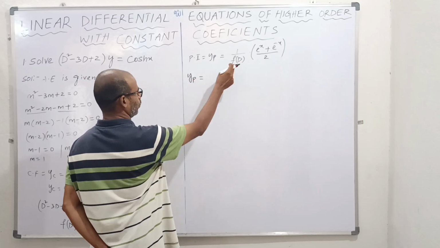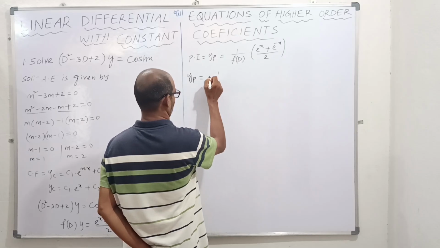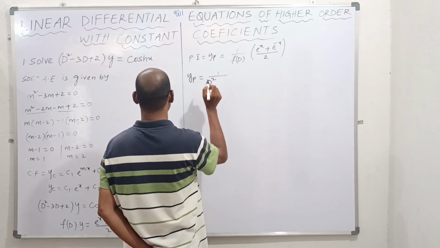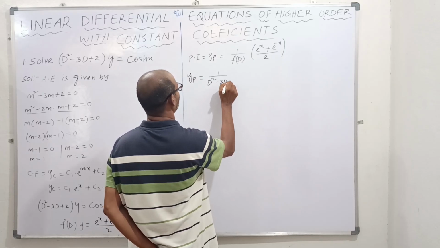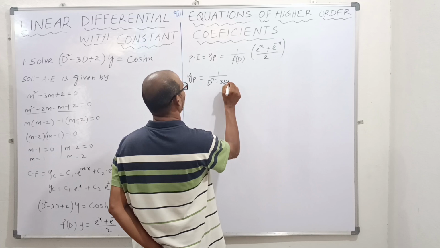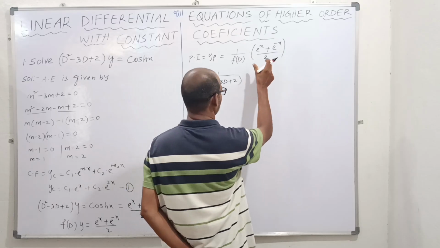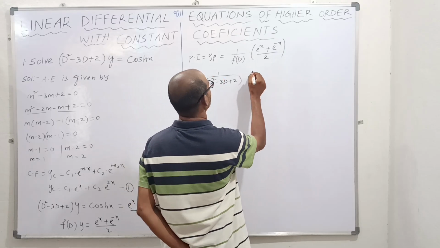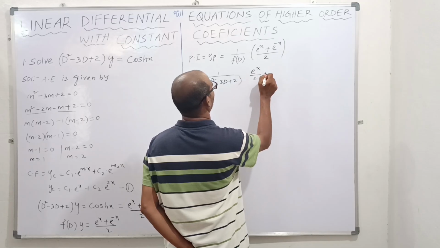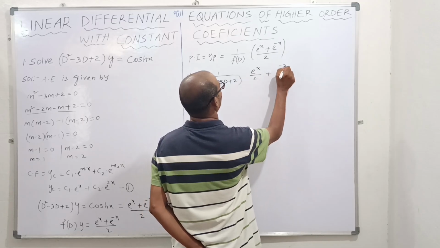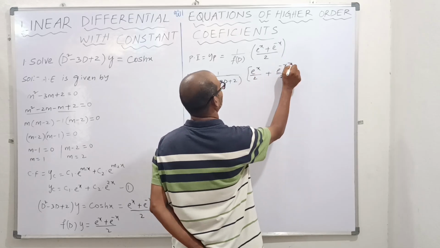So therefore yp is equals to, what is f of D? 1 by (D square minus 3D plus 2) into, now we will split this, we can write it as e power x by 2 plus e power minus x by 2, right?